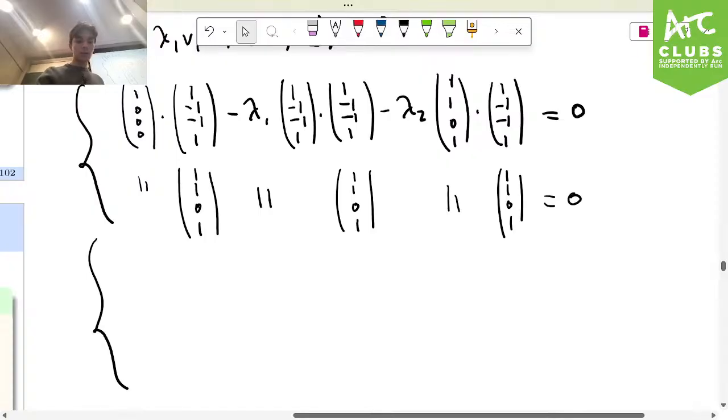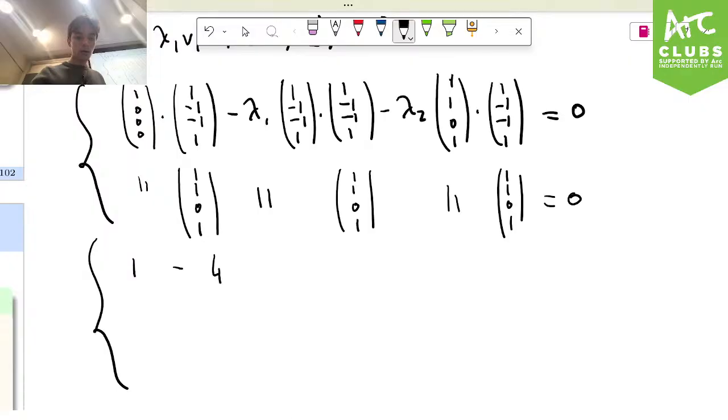So simplifying this, we're going to get 1 minus 4 lambda 1 minus, what is it going to be? 3? No. Is it 2? 1 minus 1 plus 1. Oh no, it's just 1.